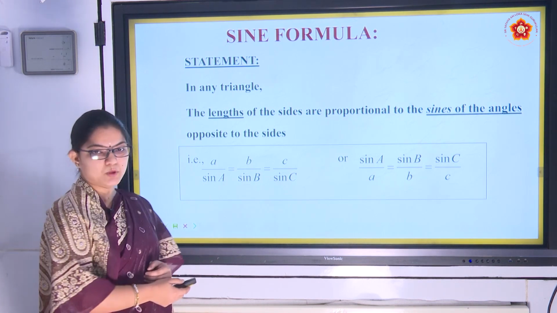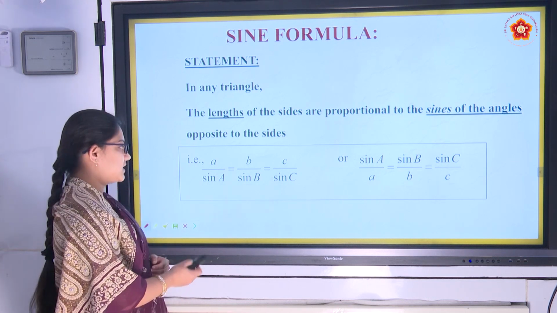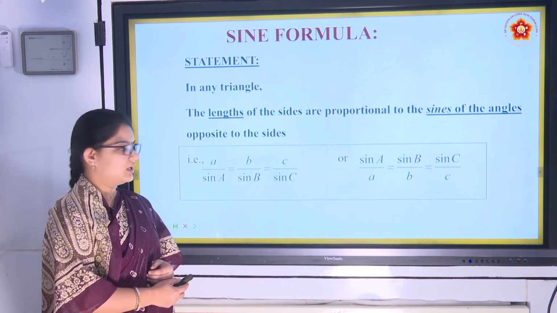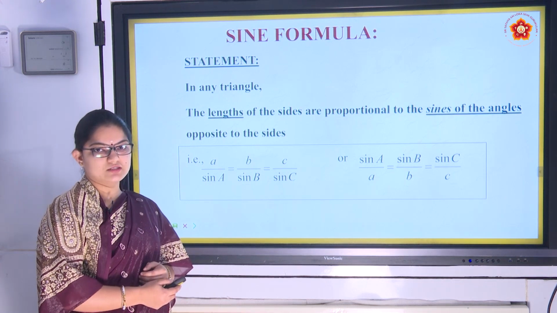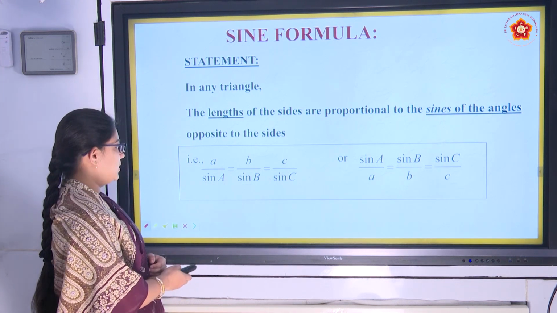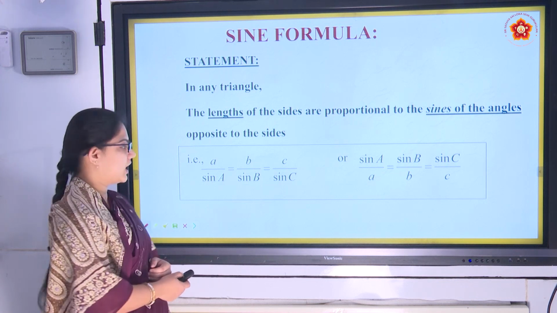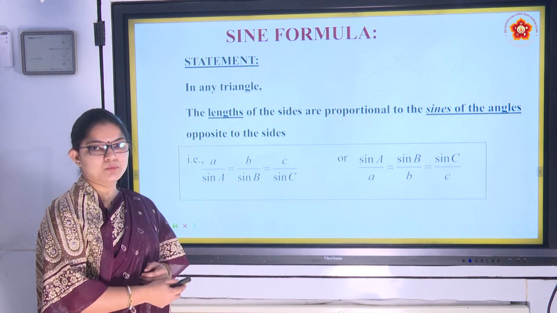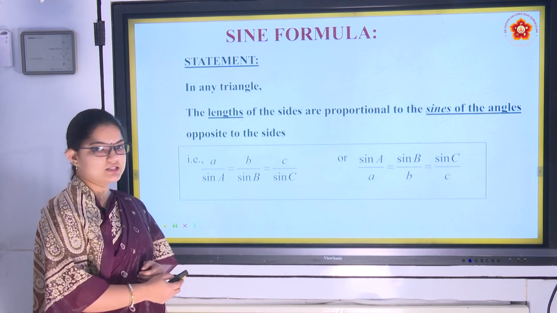Side b is proportional to sine B, and side c is proportional to sine C, which is mathematically represented as a by sine A is equal to b by sine B is equal to c by sine C.